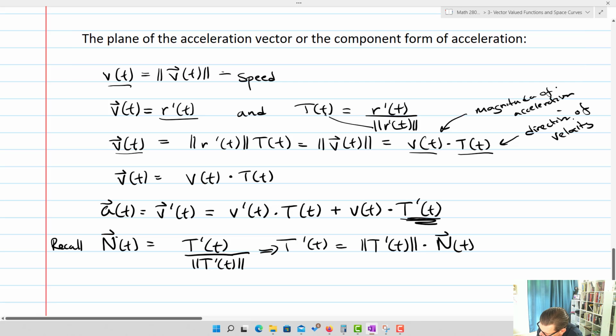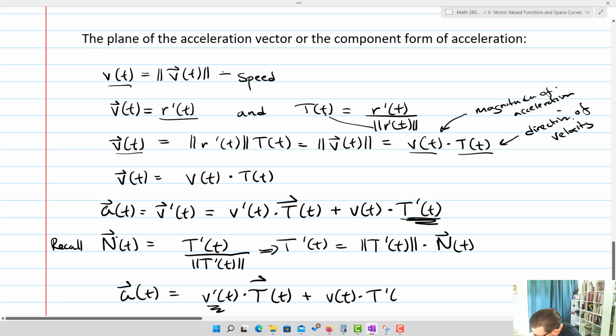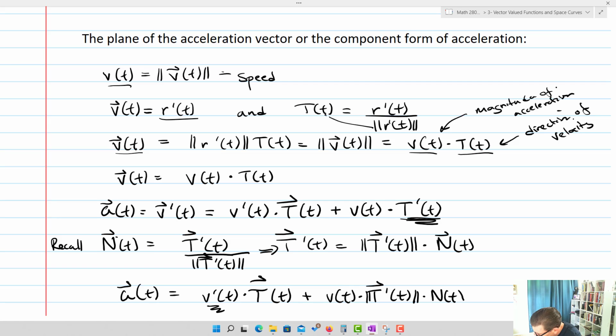If I substitute in for T'(t), I get that a(t) equals v'(t), the direct derivative of the speed, times the tangent vector T(t), plus v(t) times the magnitude of T'(t), times the normal vector N(t).